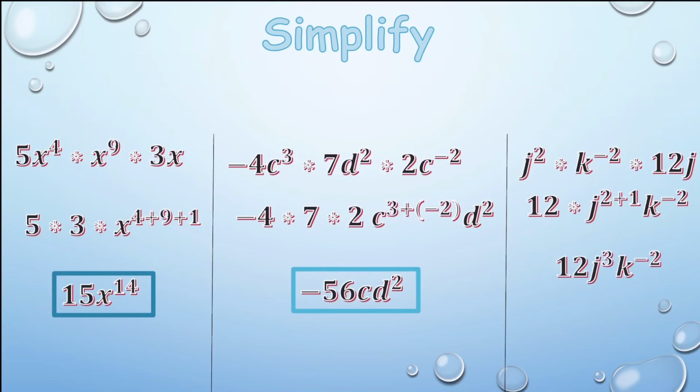My instruction says to simplify. And we make a negative exponent positive by putting it on the bottom. You have to keep in mind, if something is getting that negative exponent, it's right on it, it's touching. So the only thing here that gets moved is the k. The 12j cubed was all positive. It stays on the top.